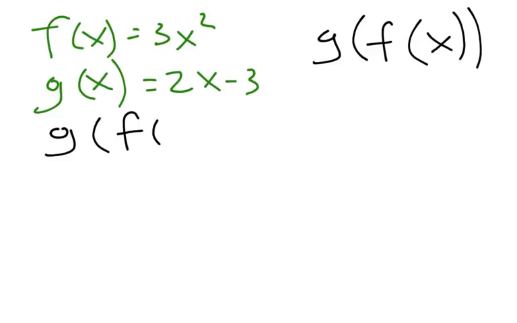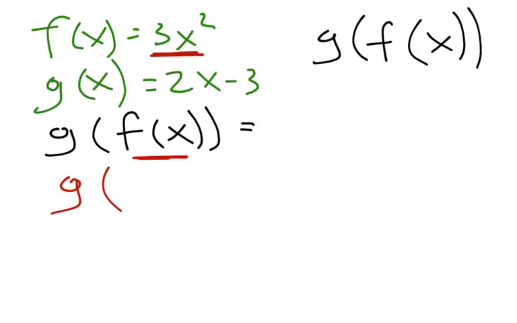Again, we change the inside function first. The f of x equals 3x squared, so I'm going to keep the g on the outside and replace the f of x by 3x squared. I'm replacing the inside function.